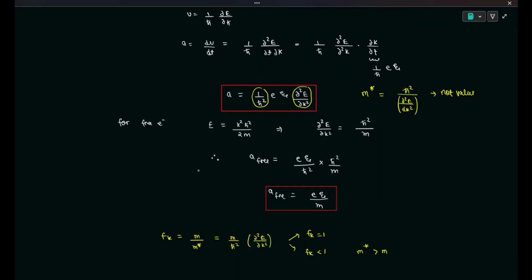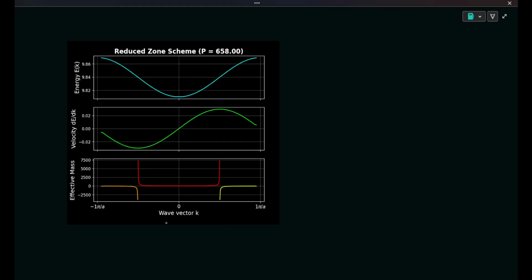Now let's see the dispersion curve for the particle in a periodic potential and the derivative of it, which represents the velocity of electron, and the double derivative of it, which represents the effective mass. Here you can see that in the reduced zone scheme, where the wave vector k is between minus pi by a to plus pi by a, the dispersion curve is shown here by this blue curve.